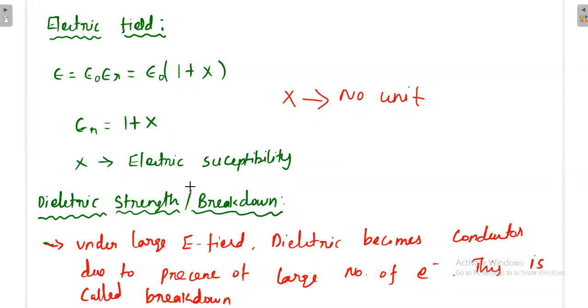Next, what is dielectric strength or breakdown? Generally dielectric is used to store energy. The dielectric has two major applications: one is to store the energy, and another is to act as an insulator.